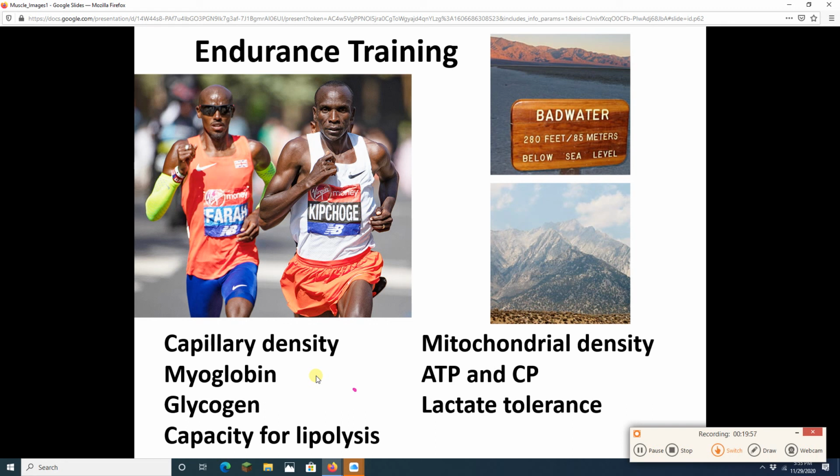You will grow more mitochondria. Mitochondria will reproduce in your muscle cells. Your mitochondrial density will increase. You will store more ATP and you will store more creatine phosphate. You will generate a better tolerance to levels of lactate that could otherwise lead to fatigue. So these are all benefits to endurance training.